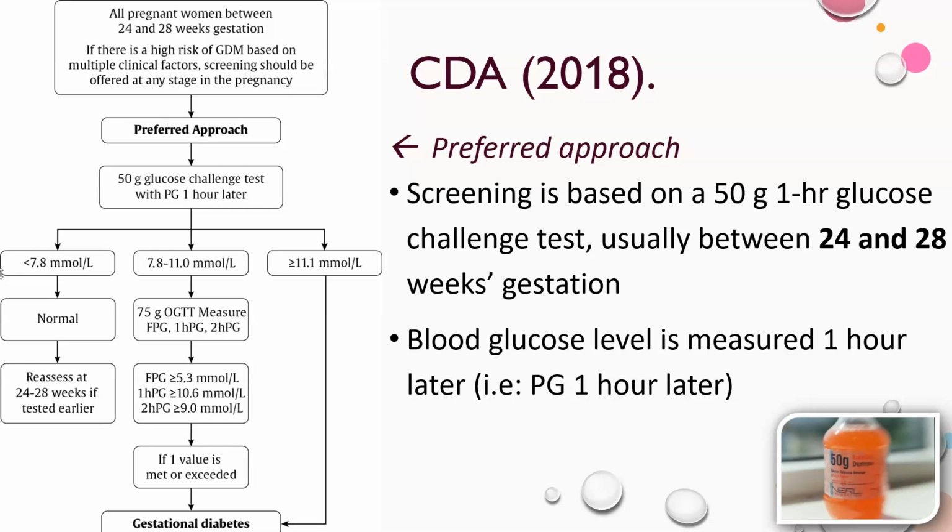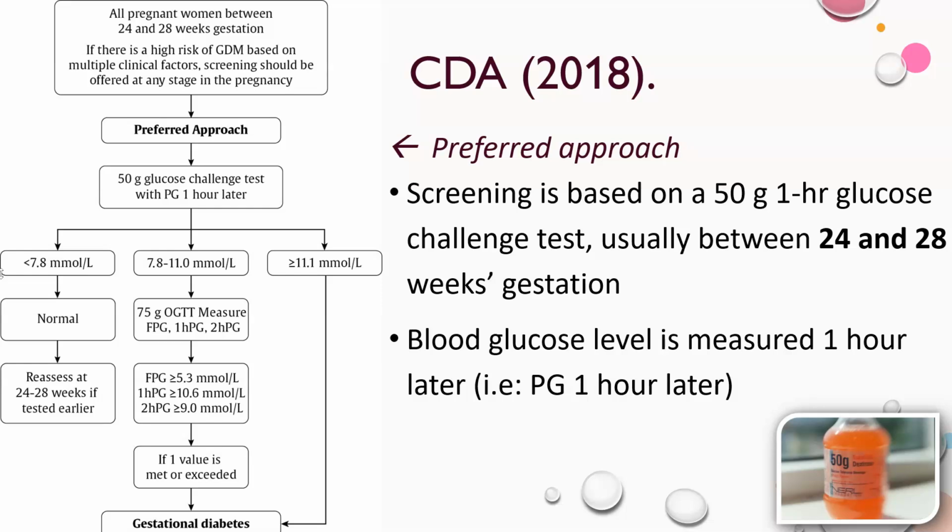If it's normal, then we're good to go. If it's not normal, and you can see the values on there, if it's less than 7.8, then we may reassess if they're tested earlier or they continue on with their pregnancy and we monitor all the things that we're usually monitoring. If it's between 7.8 and 11, then we're going to move on to a 75-gram oral glucose tolerance test where they drink something or consume that glucose, and then we check their blood values later.